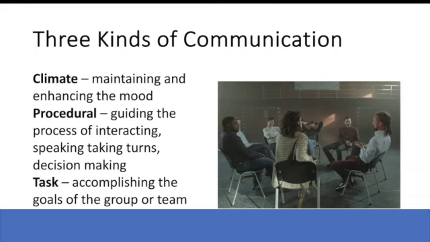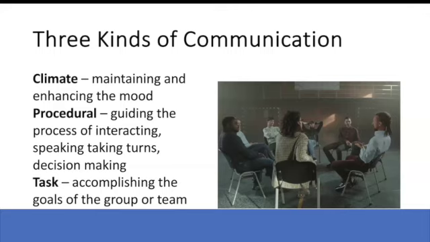Then you have a kind of communication that's procedural, which is guiding the process of interacting. So things like helping people take turns, decide what the process is for decision making, decide what constitutes a good contribution versus what constitutes just distracting the group and so on, right?